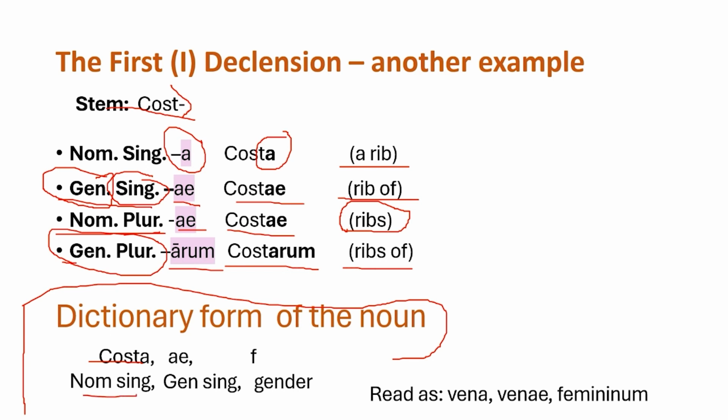This is I, that is genitive singular, and all of these are feminine gender. So this is how you should write the dictionary form. But when you read, you have to read in full, such as vena, veni, feminine. So this is one example, and you can practice some more.